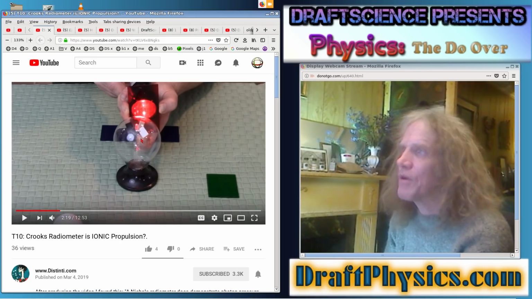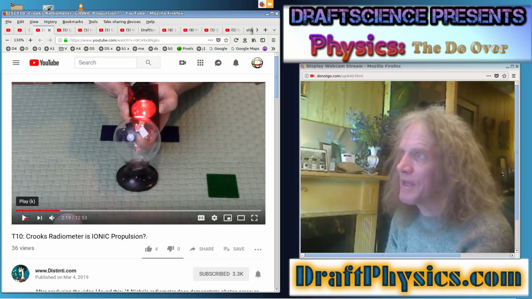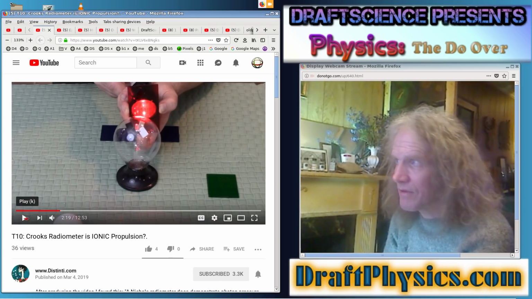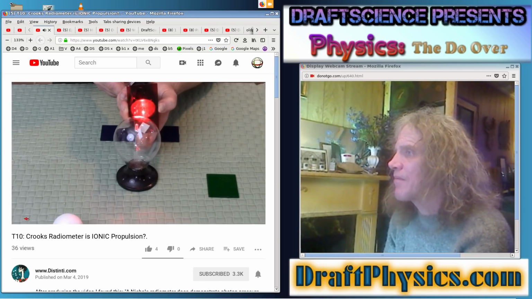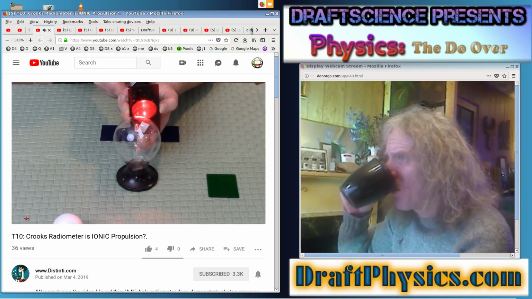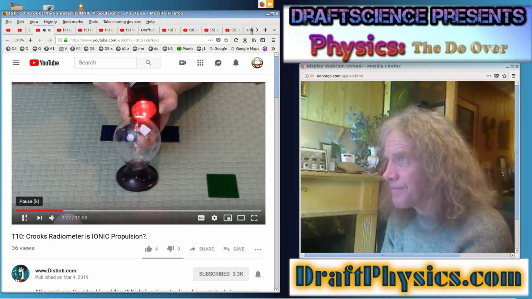This isn't the photoelectric effect. This isn't because electrons are being shot off of the black surface, and they're not being shot off of the metallic surface. What his theory is... okay, red light will make it spin. It almost doesn't even want to spin, but bright enough red light will in fact make it spin.